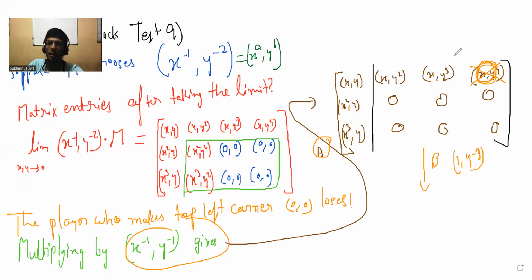Okay. But we have to check for all possible moves that A makes. What if A removes this one? Yeah, that's good. Does everybody see that? Rasubra and Chandan, do you see that A cannot just remove that 1, 2 entry?